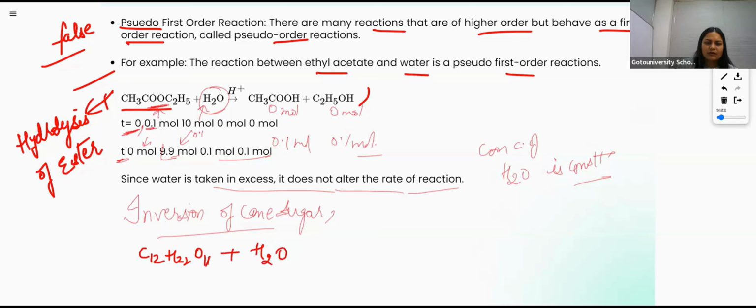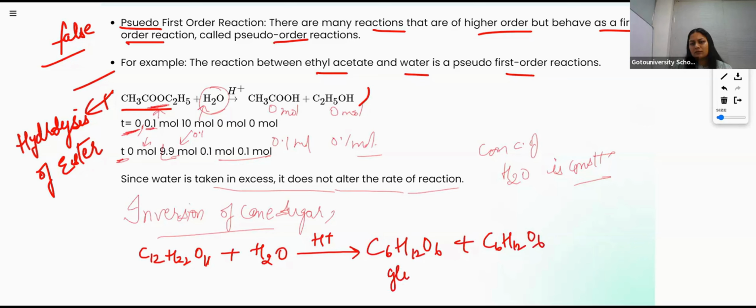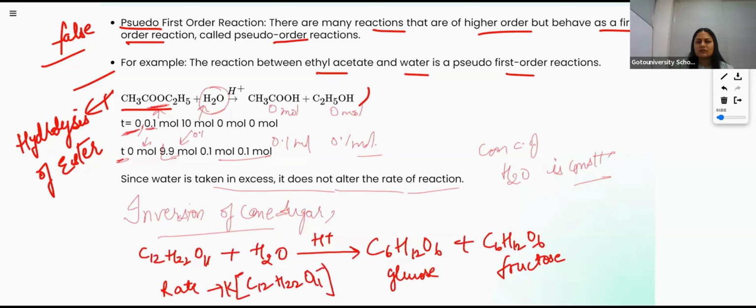If we do the hydrolysis reaction, or say the inversion of cane sugar, in acidic medium, it will give us glucose and fructose. If I tell you to calculate the rate of this chemical reaction, it will be first order, K into C12H22O11, because this is a one-step reaction.